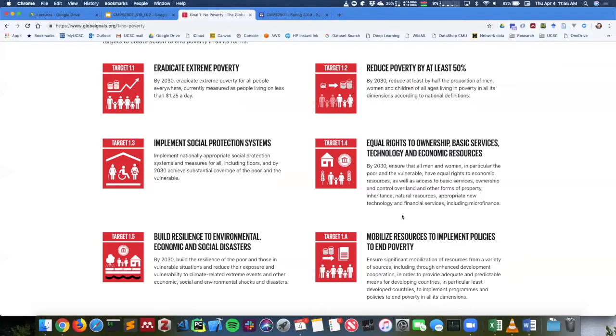Let me start with an example. So, to mobilize resources to implement policies to end poverty, right? Now, there's a big space of policies. How do you actually get the voice of common people into the policy making process? In several countries, like the US, it's still done in a much cleaner way, and people are in a much better position to express their opinion when a policy is being developed.